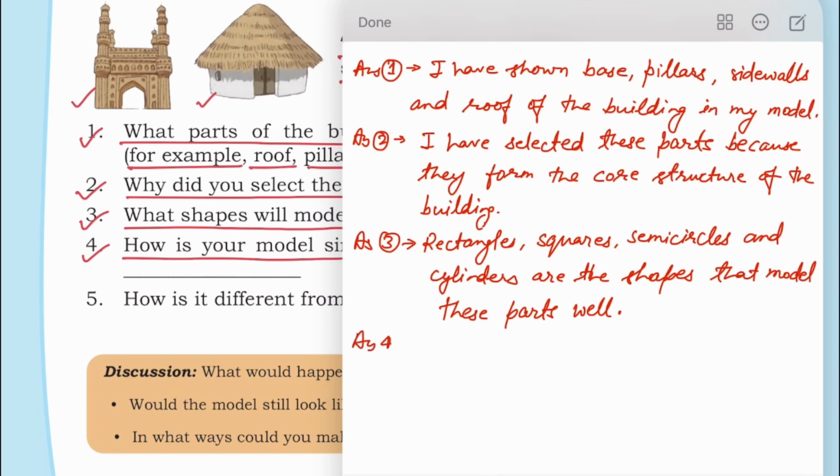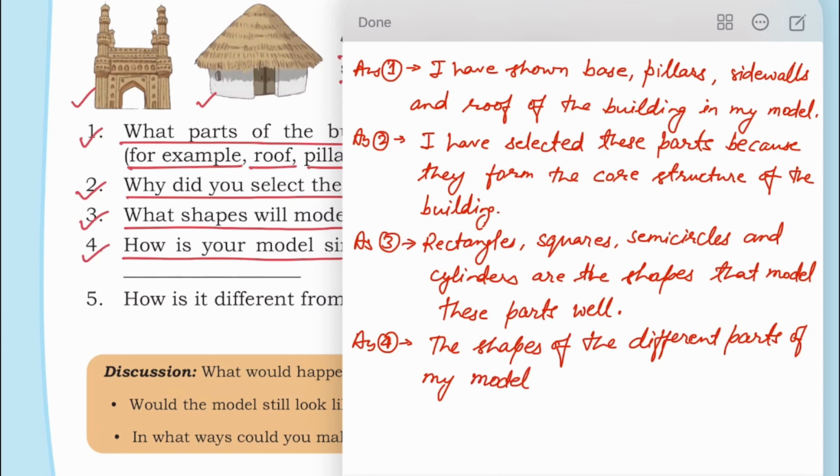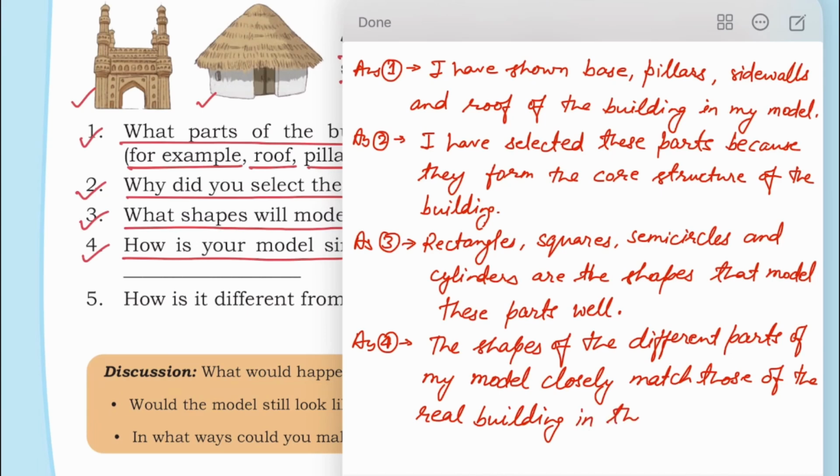Answer is: the shapes of the different parts of my model closely match those of the real building in the picture.